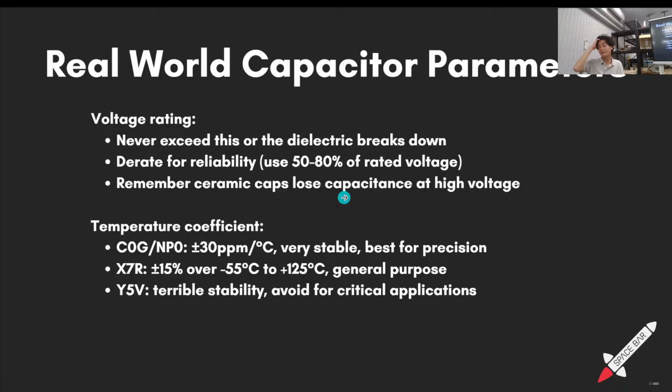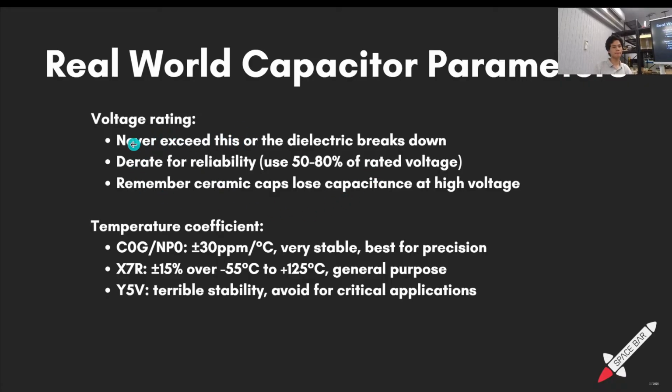Aluminum and tantalum capacitors are much better about this than ceramic, because ceramic is many layers. So it's the material property, but it will break down at some big voltage, depending on the data sheet.